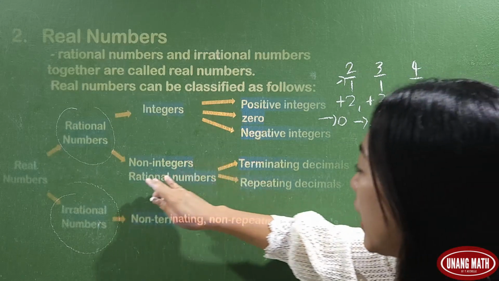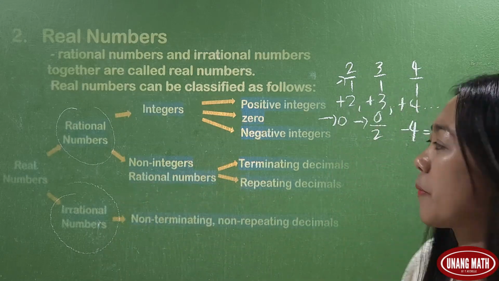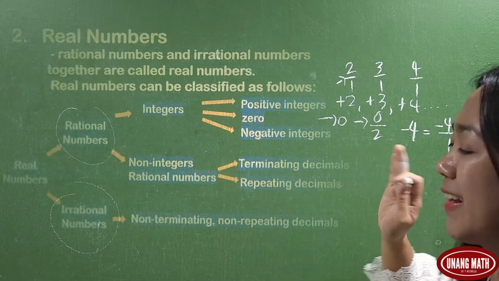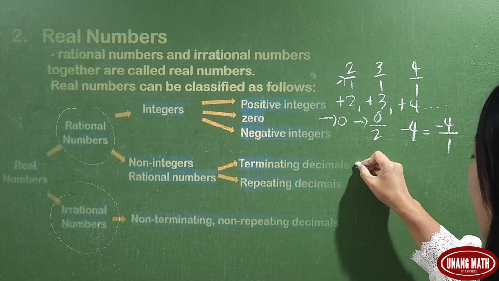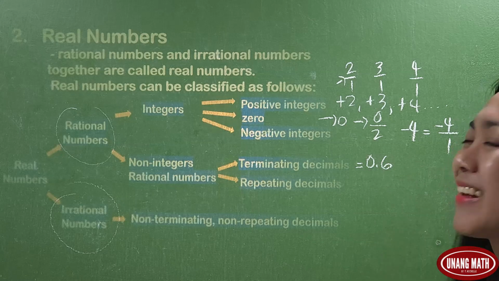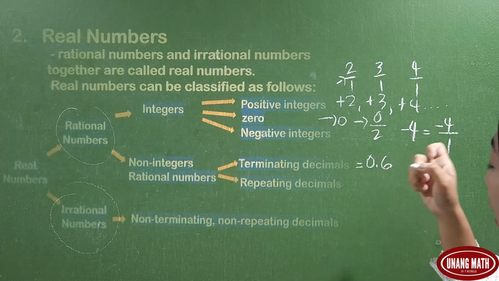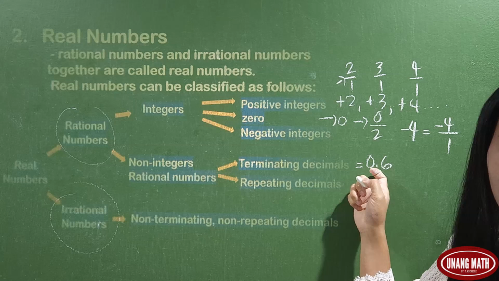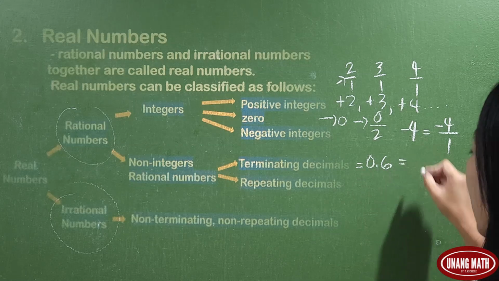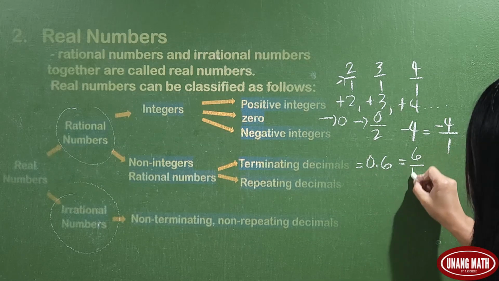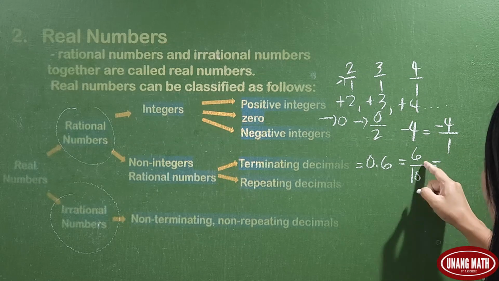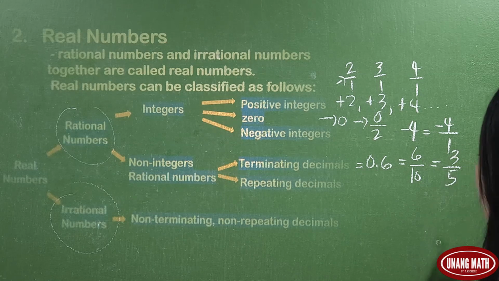Okay, what about non-integer rational numbers? They can be terminating decimals, like for example, 0.6. This is a terminating decimal. We can convert this one to a fraction. This is equal to 6 over 10, or if we simplify, then this is 3 over 5.